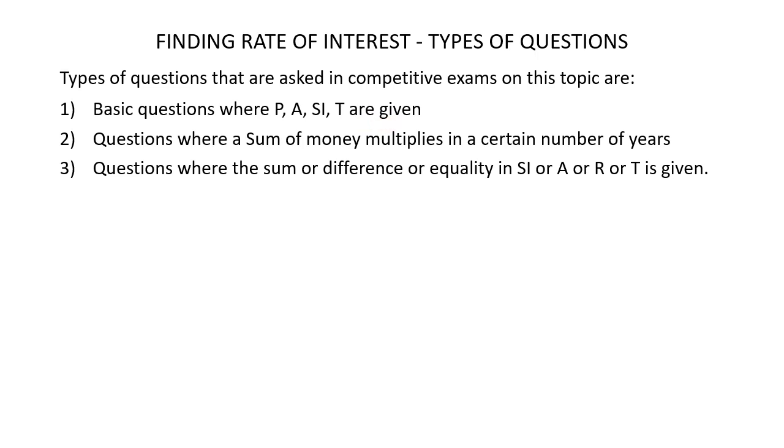Type 2 is questions where a sum of money multiplies in a certain number of years. Type 3 is questions where the sum or difference or equality in simple interest or amount or rate of interest or time is given. Let's solve a few problems on each of these types.